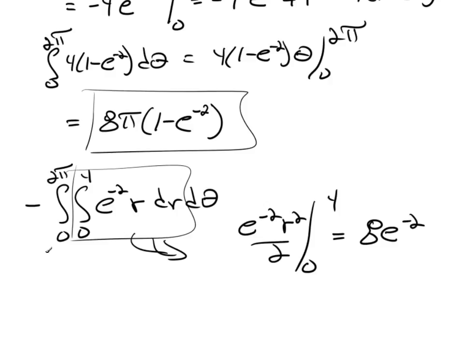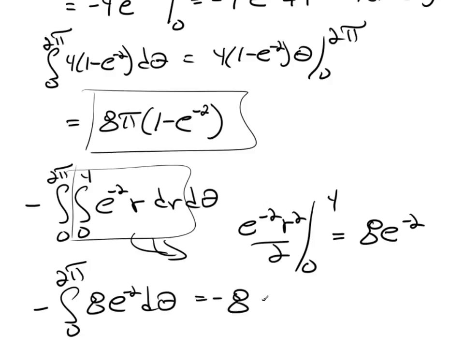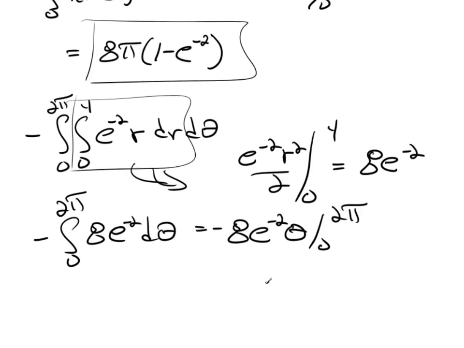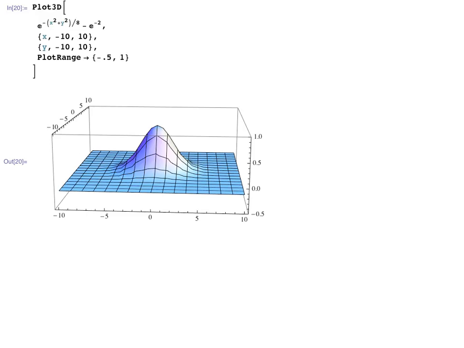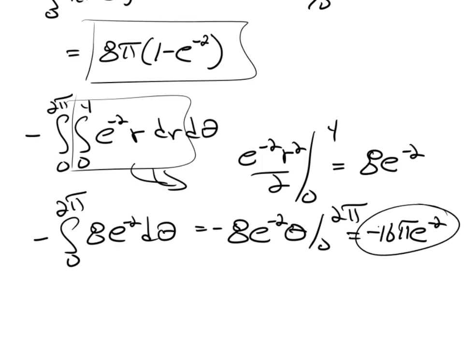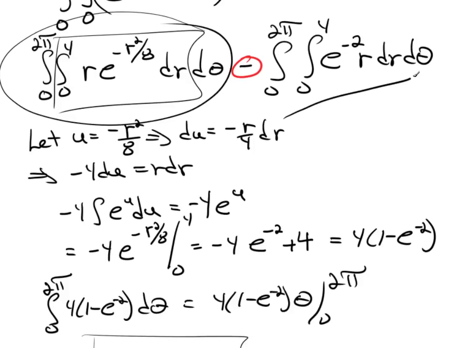So now I'm going to have a negative integral of 0 to 2 pi of 8 times e to the negative 2 d theta, which is going to give me negative 8 e to the negative 2 theta from 0 to 2 pi, which is obviously just going to be negative 16 pi e to the negative 2. That is the solution for the second piece.